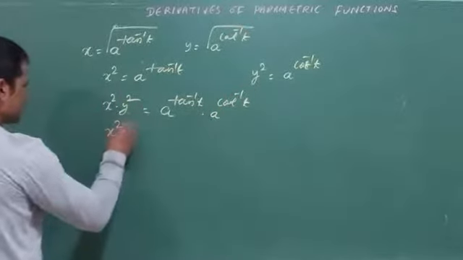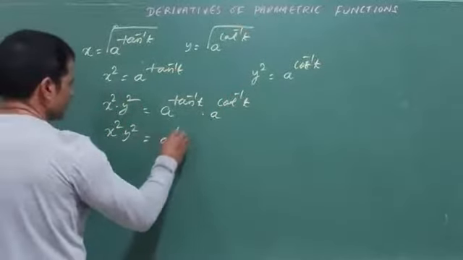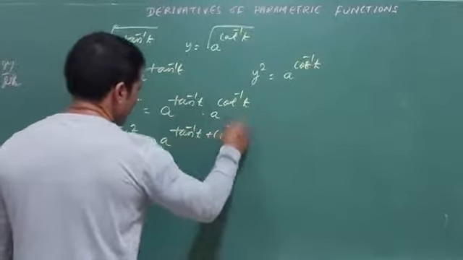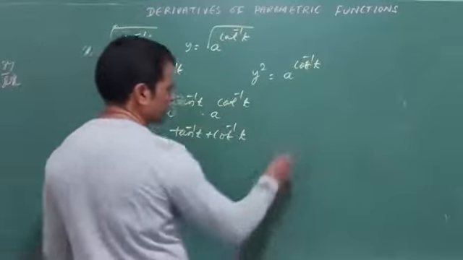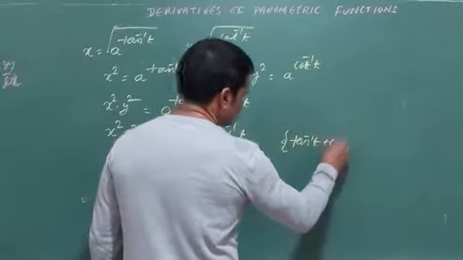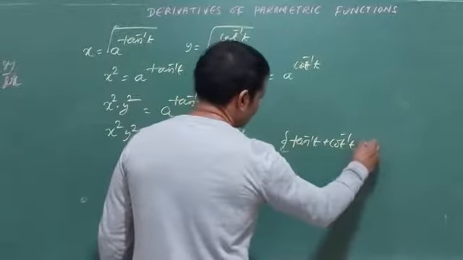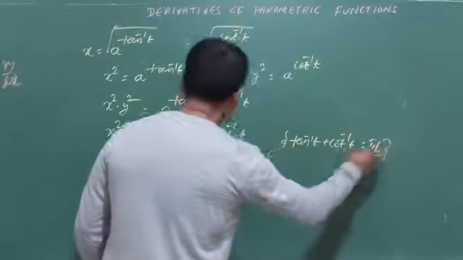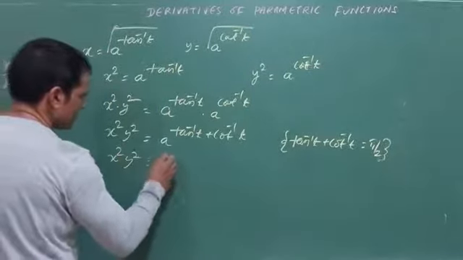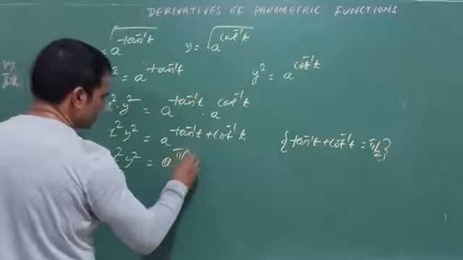So x²y² = a^(tan⁻¹ t + cot⁻¹ t). Apply the formula tan⁻¹ x + cot⁻¹ x = π/2. So x²y² = a^(π/2).